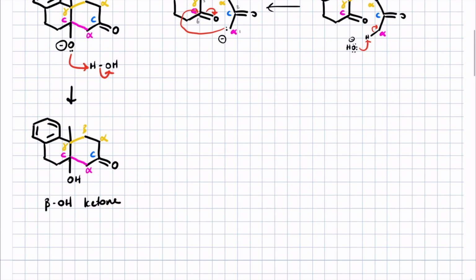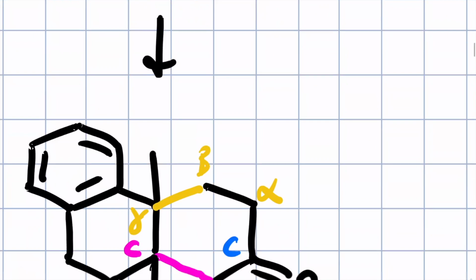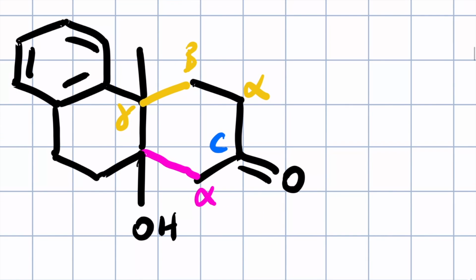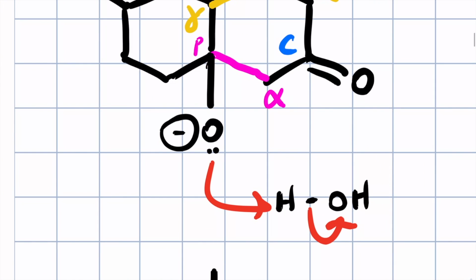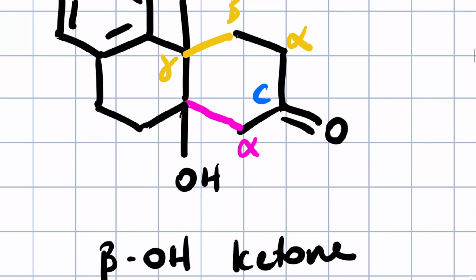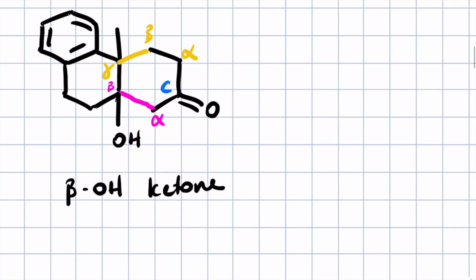I will point out that now that we've made the bond between pink carbonyl carbon and pink alpha carbon, we're going to rename the carbonyl carbon as beta. So this is a beta hydroxy ketone. That's an aldol product.